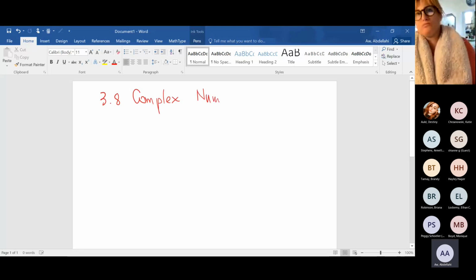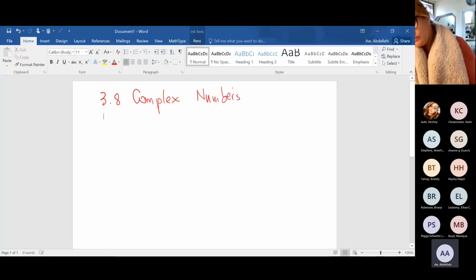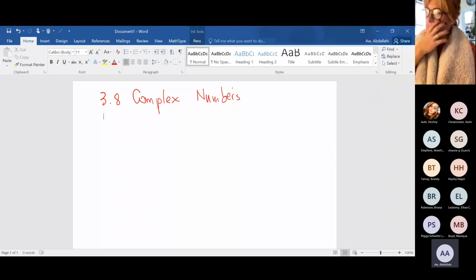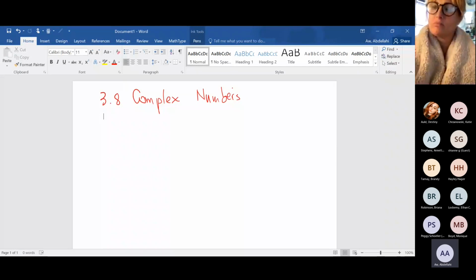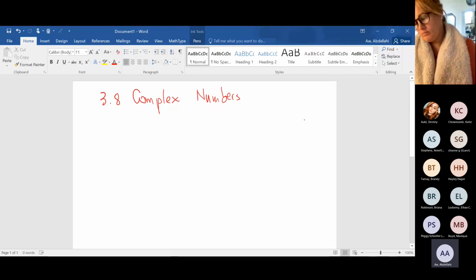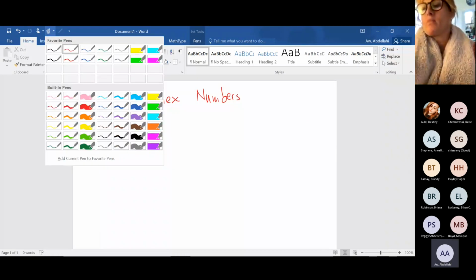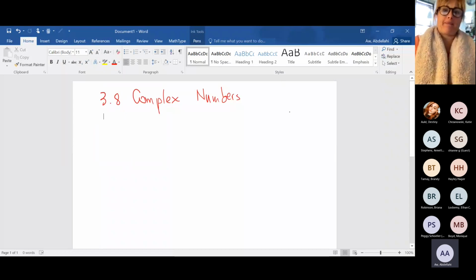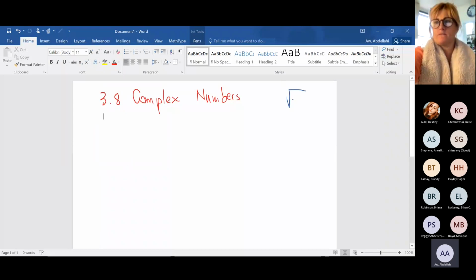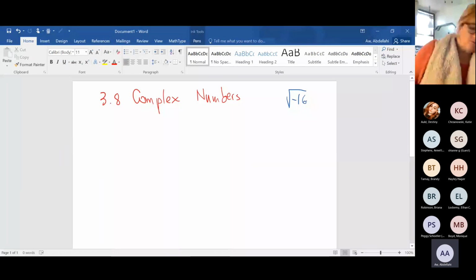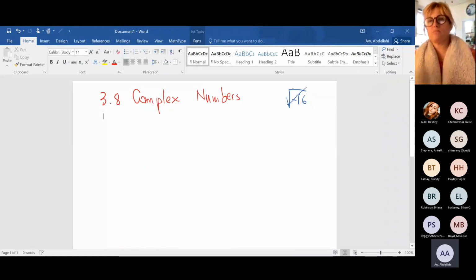Okay, so far, if we just limit ourselves to the real numbers, there's some stuff we cannot do. For instance, if you take the square root of a negative number, say the square root of negative 16, and put it in your calculator, it will tell you that is not possible.